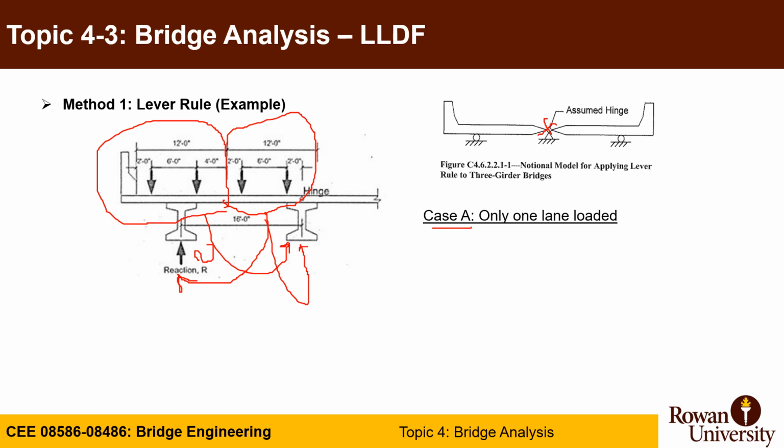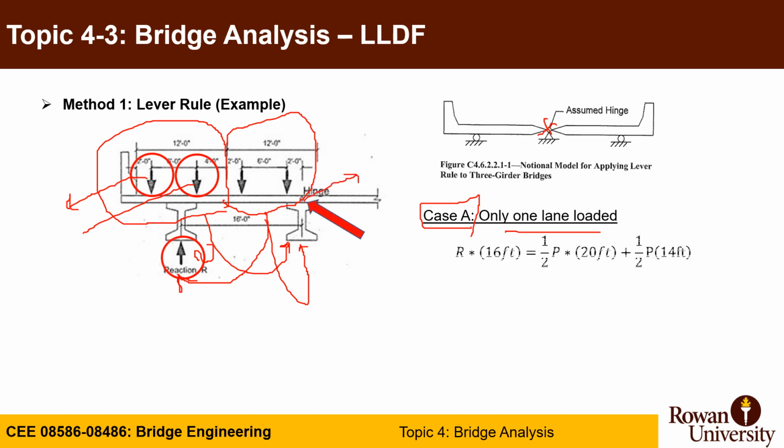The first case, A, is when you have only one lane loaded. If you have only one lane loaded, you can see here this can be considered half the load, and this is the other half of the load. So you assume a hinge at the first interior, and you calculate your load. In the moment here, the spacing is 16 feet, even if it violates the maximum of 15 that we mentioned earlier.